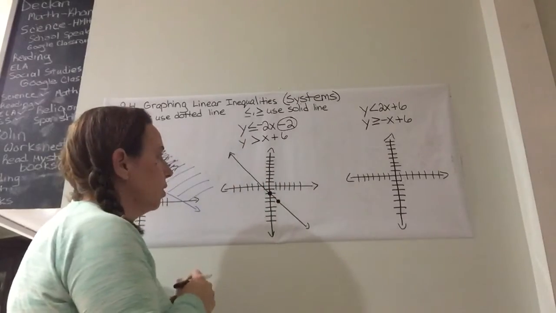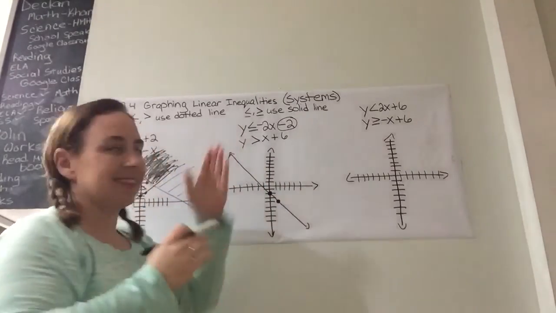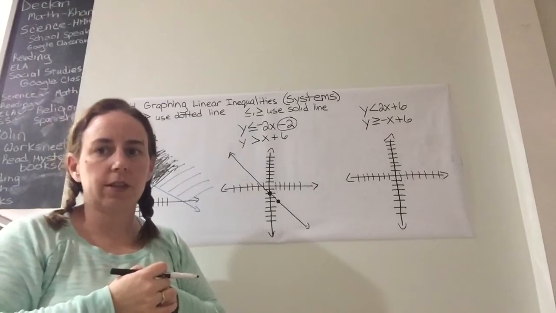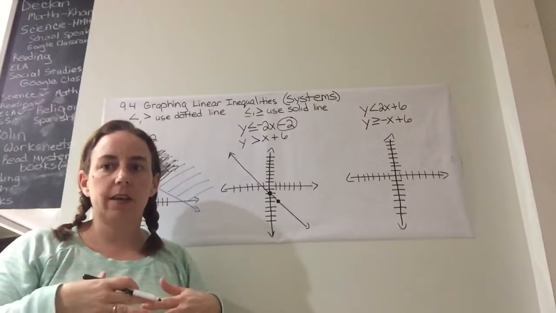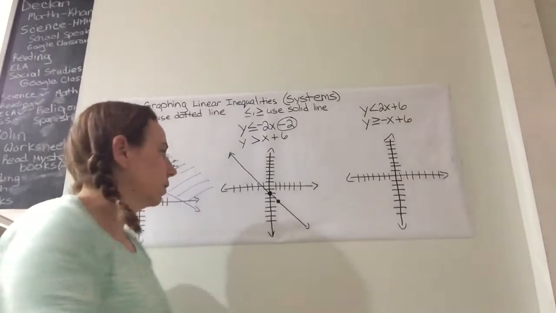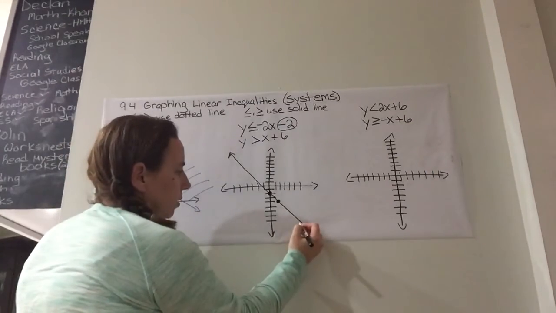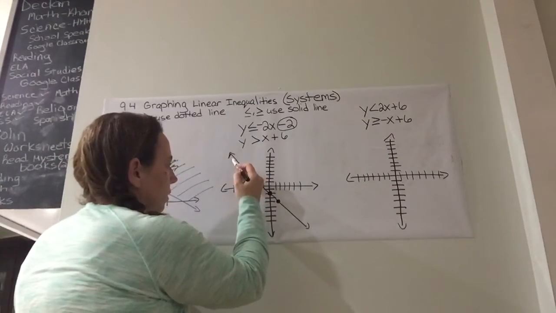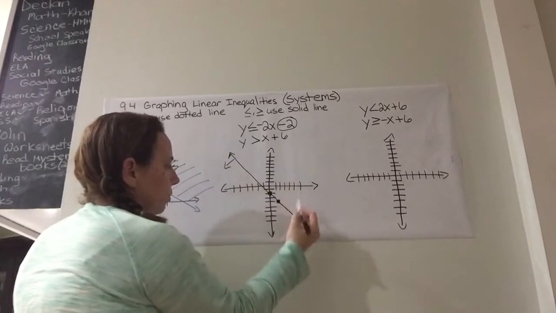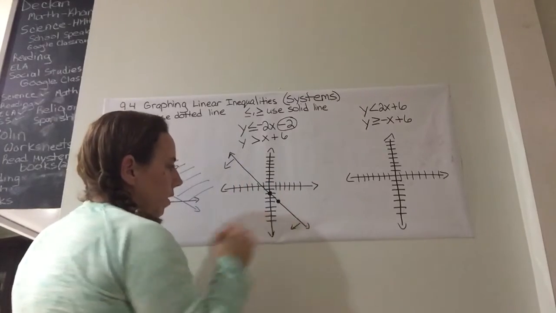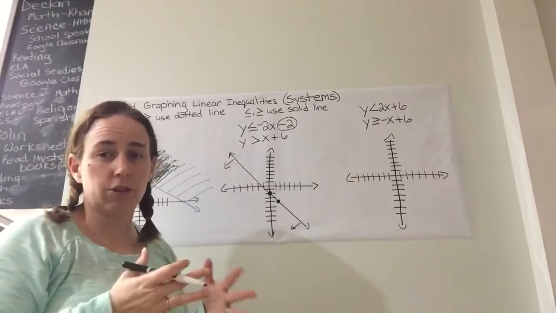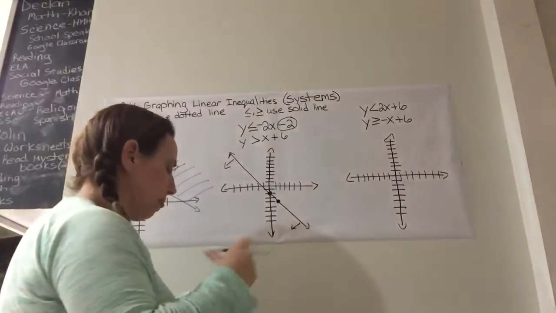Okay. So for this one, it's less than or equal to, so I need to shade less than, which is below. So I'm shading below the line. See how I just drew arrows?